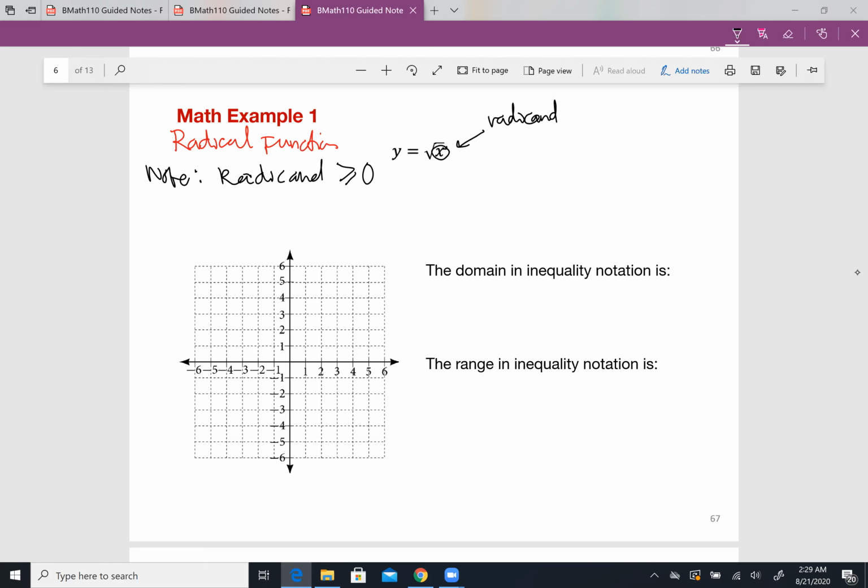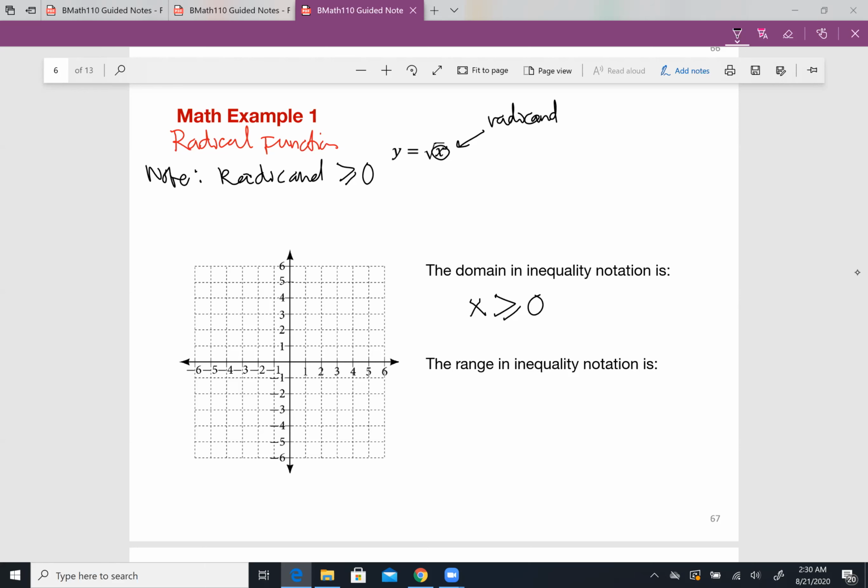So that is a requirement in order to make the radical function defined. So that means what? In here, the domain in inequality notation is x has to be greater than or equal to 0, because x is the radicand.